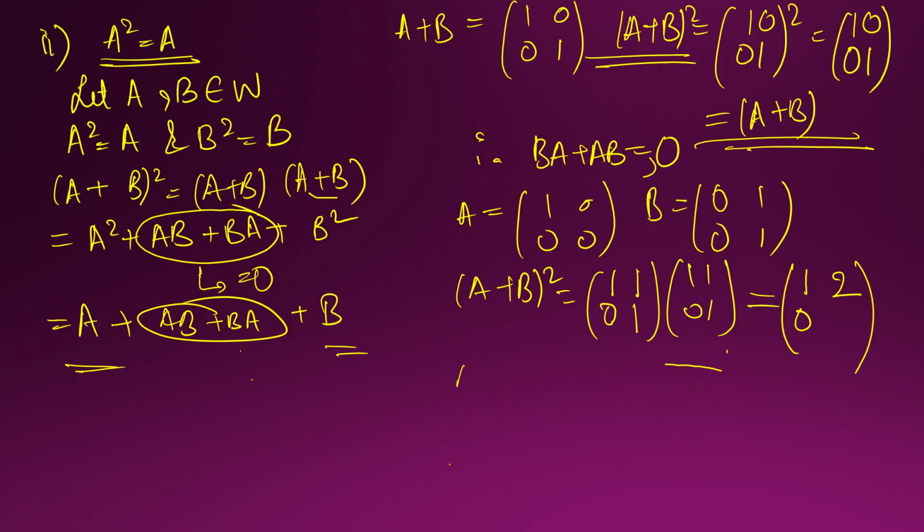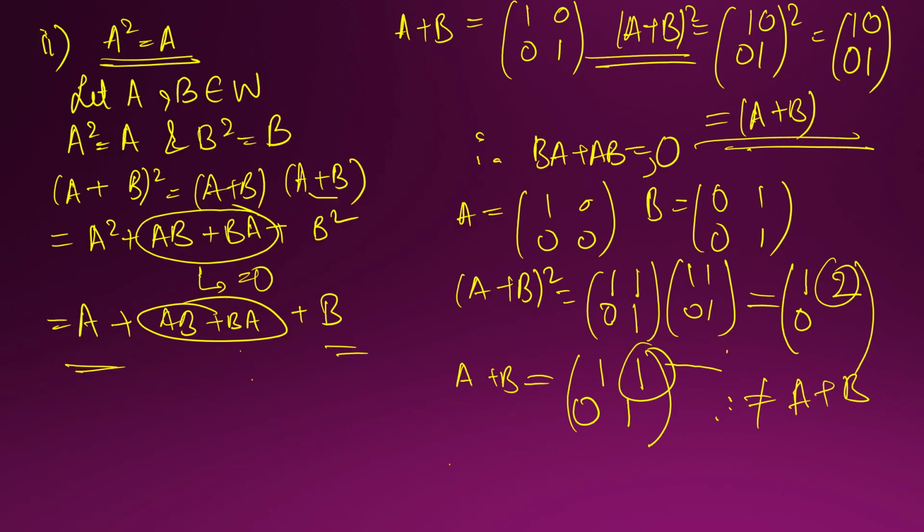Your A plus B will be equal to 1, 1, 0, 1. But here we are getting something else. Therefore, it is not equal to your A plus B. Your A plus B whole square is not equal to A plus B, therefore not closed under vector addition.